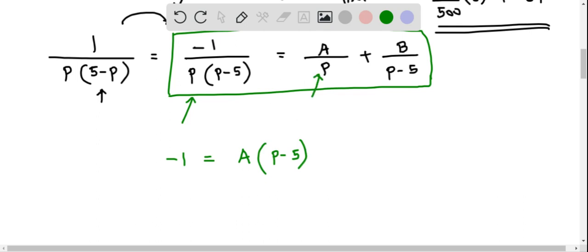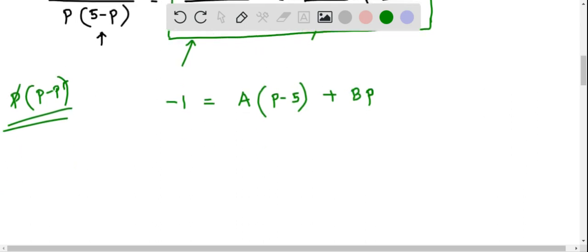When you multiply a by p with this expression, the p and p cancel, leaving us a times p minus 5. Similarly, the constant b gets multiplied with only p.